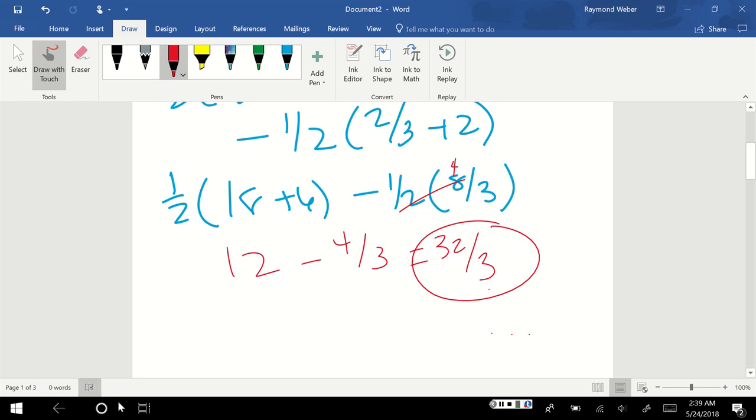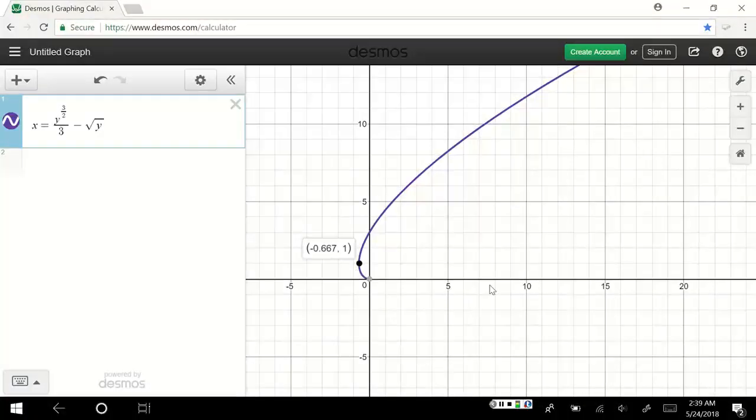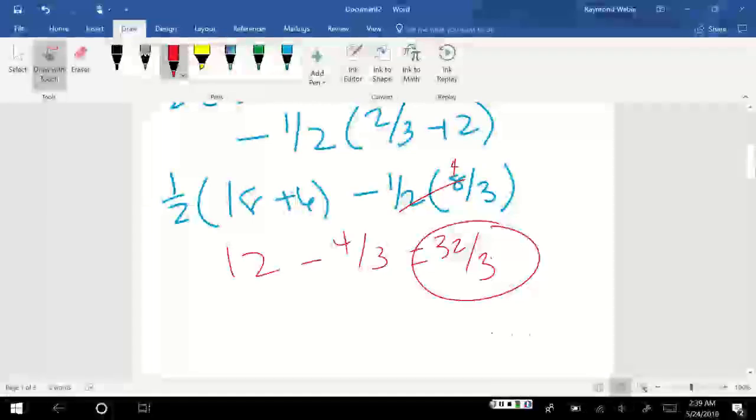And I drew somewhere, let me find it here. Here's the picture, and you can see going from 1 to 9 out here, 9 here, approximately. Then the length of that curve between those two is this, 32/3.